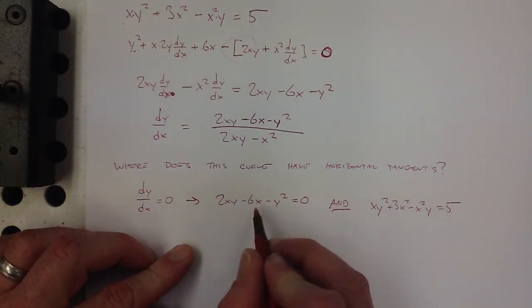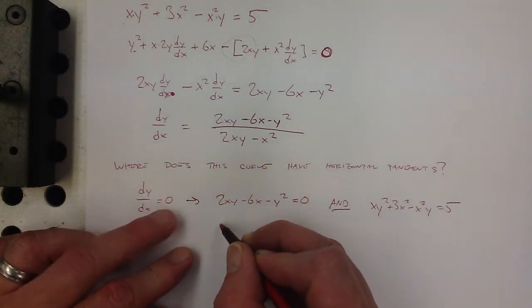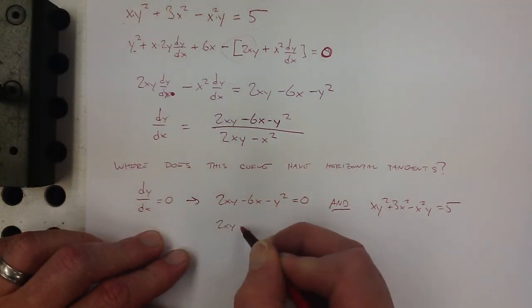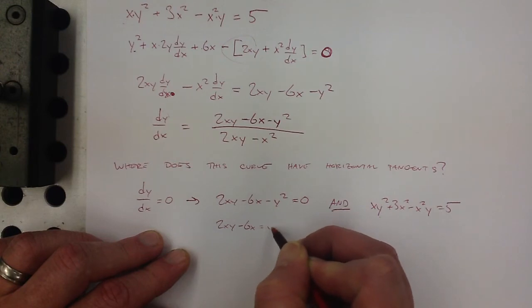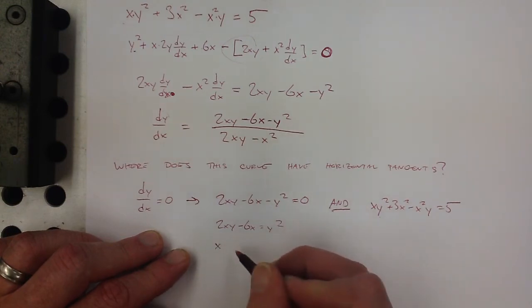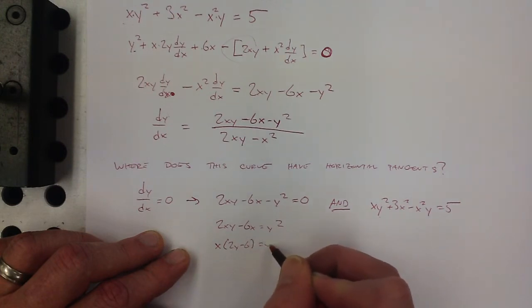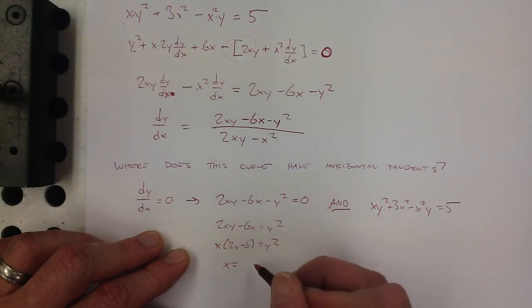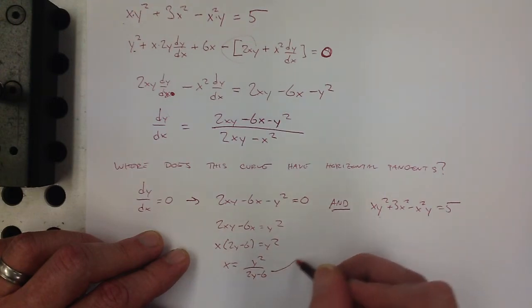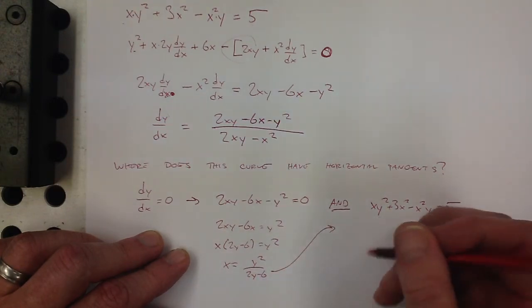So I think maybe I can solve this one for x. If I do 2xy minus 6x equals y squared, factor the x out, and then x is equal to y squared over 2y minus 6. And then plug that in here.